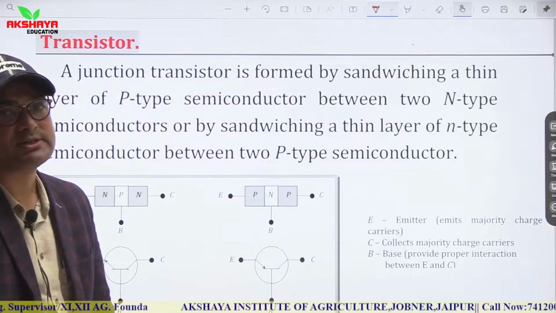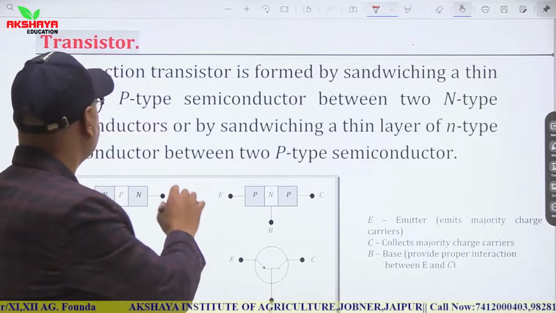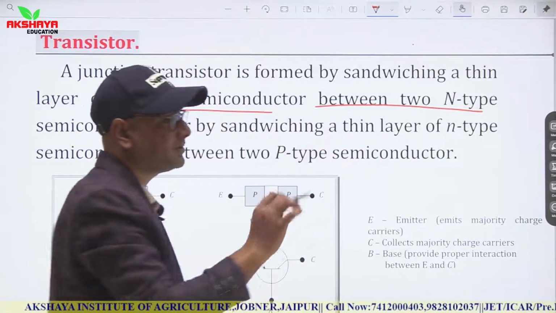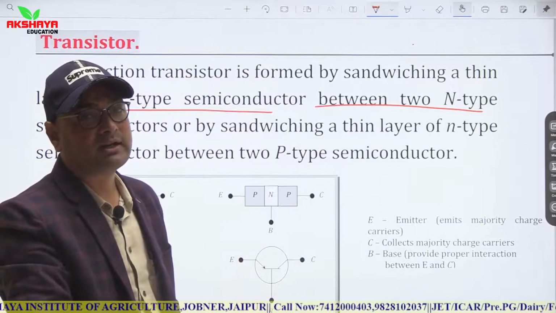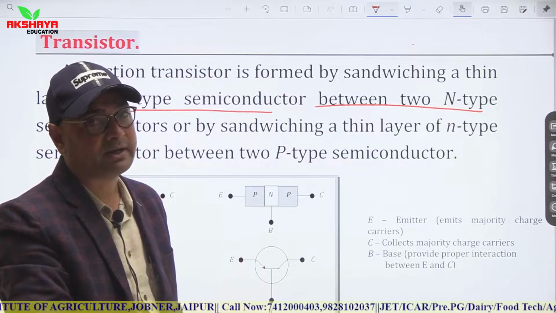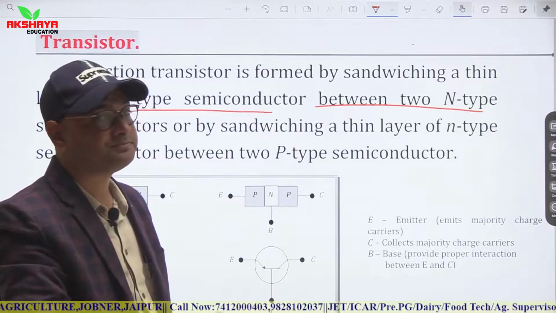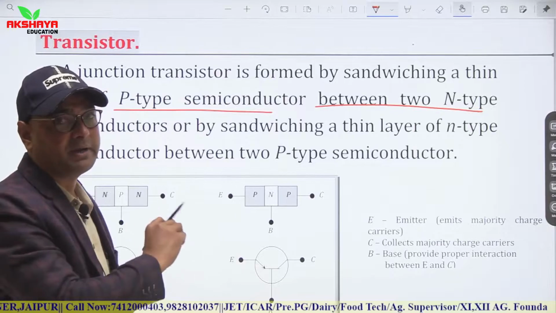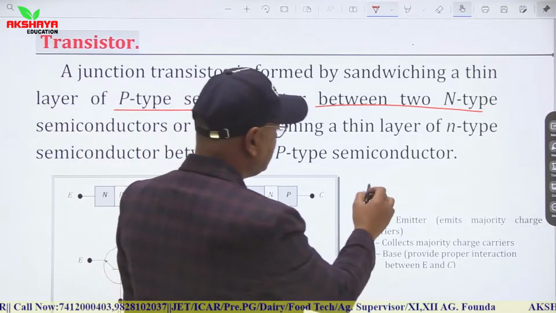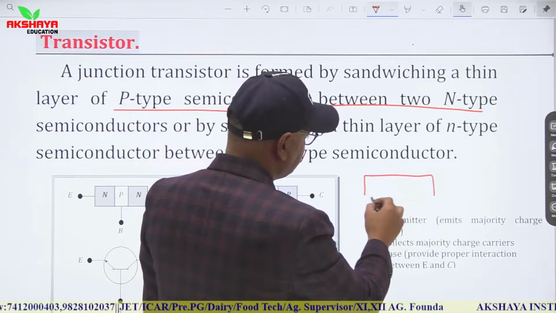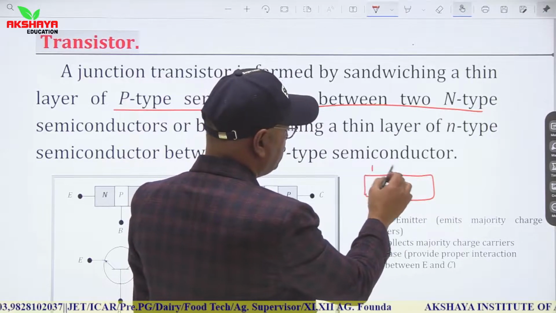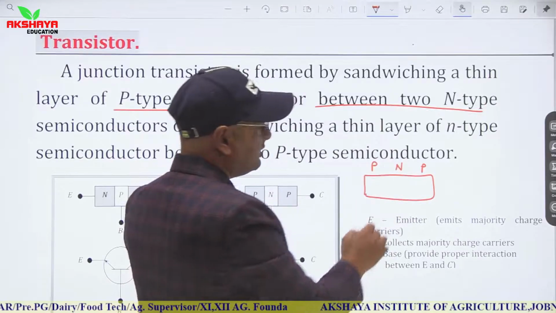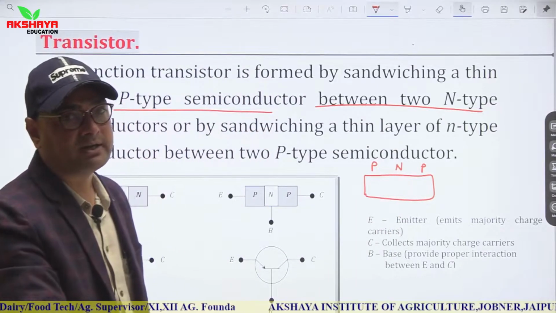So a transistor is simply made of p-type semiconductor and n-type semiconductor. In simple words, we can say that a transistor is made of semiconductors in such a way that between two similar types of semiconductors, the opposite nature of semiconductor is sandwiched.